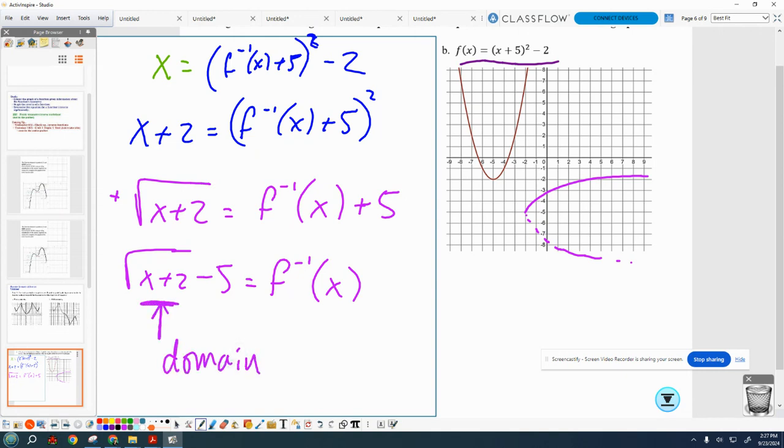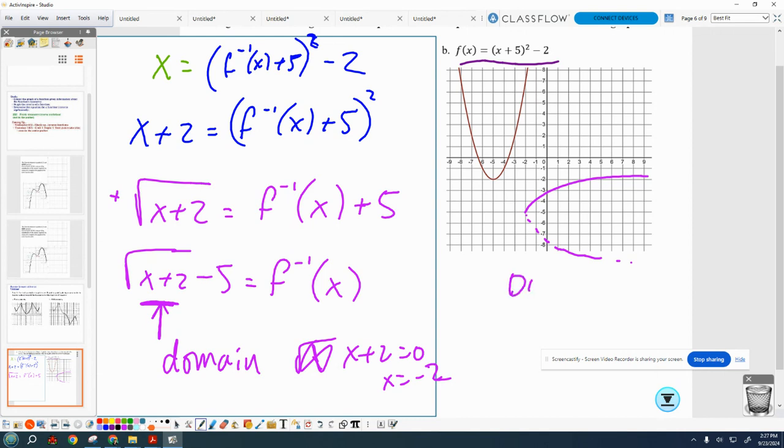Domain, we're not allowed to divide by 0. What else are we not allowed to do? Square root of a negative. Can I do square root of 0? Yes, square root of 0 is 0. Okay, so to find the domain, when is the stuff underneath equal to 0? When x equals -2, and anything positive.